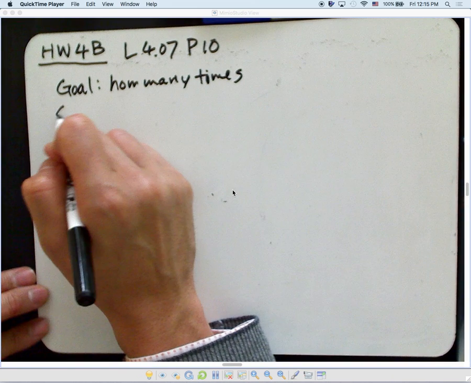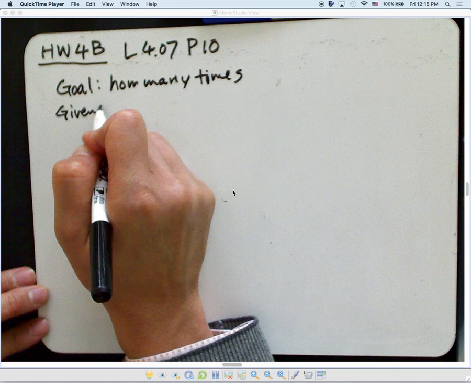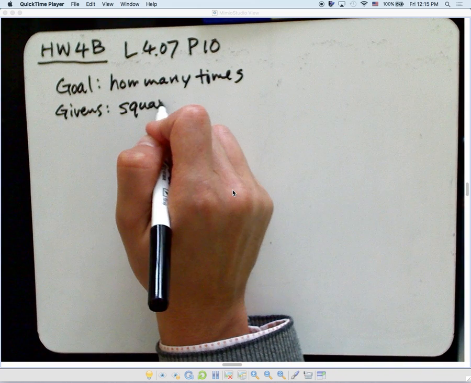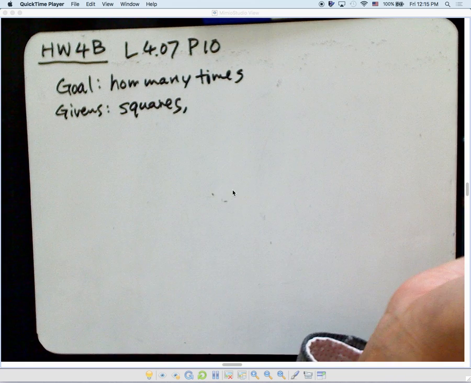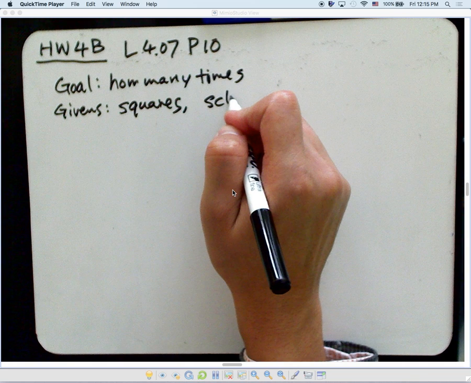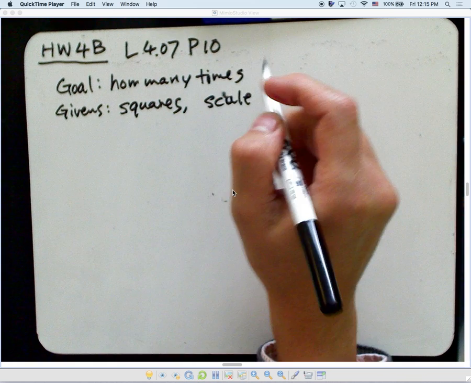So what we know is we're talking about the squares, big one and small one, and we scale by 2.